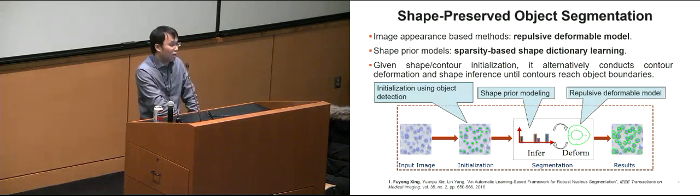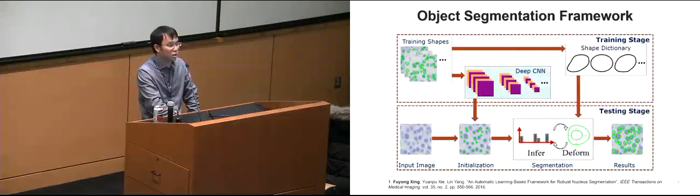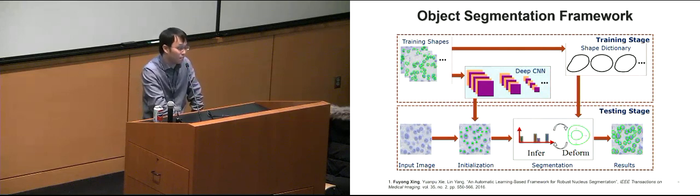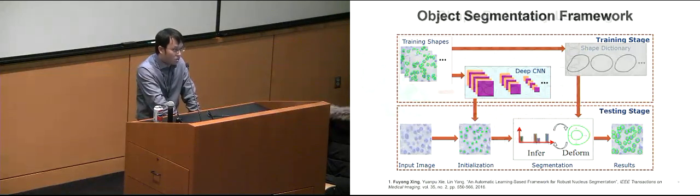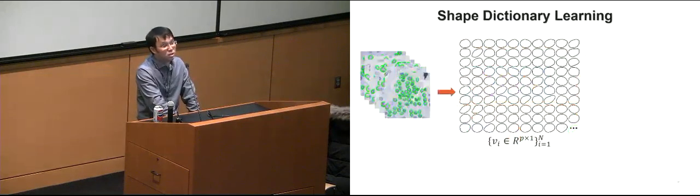Now we will go through each step in detail. Actually, the whole framework includes a training and testing stage. We already discussed the deep neural network learning, so we can talk about the shape dictionary learning right now. Suppose that we have a lot of training data, shown in the left figure.